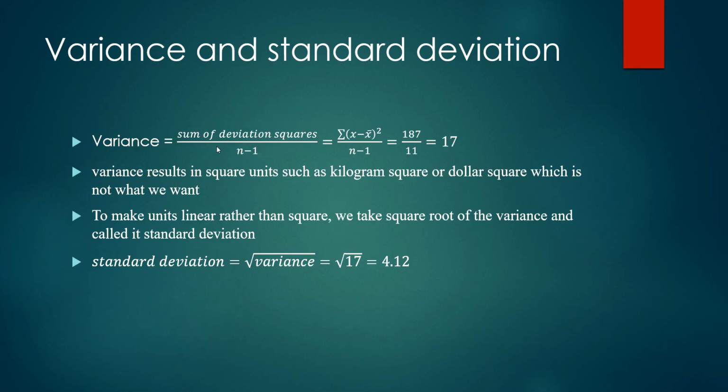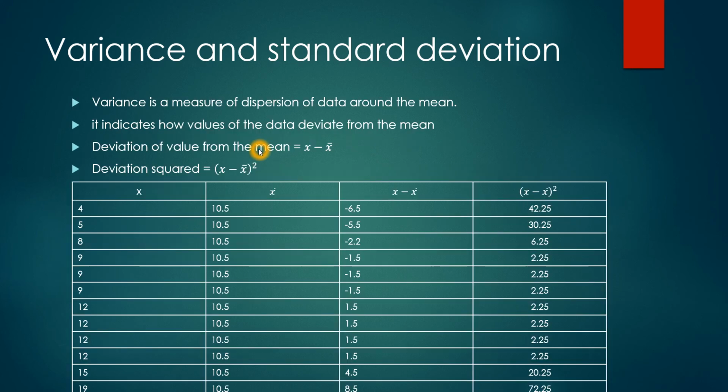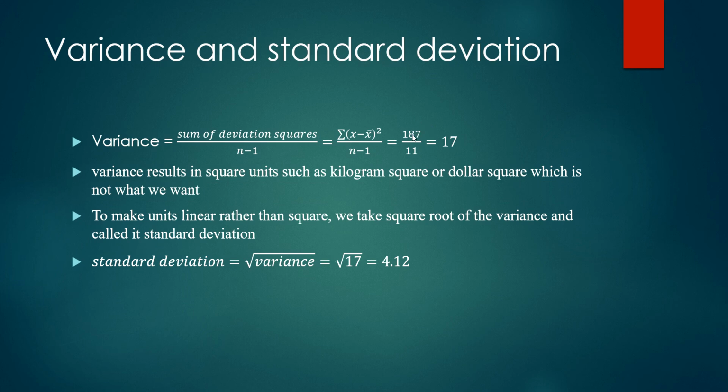The variance is the sum of deviation squares divided by n minus 1. If you add all these values, you are going to get 187. Remember, n was 12, because we had 12 values for the 12 months of the year. So n minus 1 is 11. Now the variance is going to be 17.